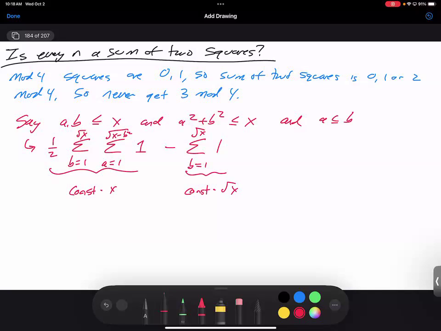What if I just chose a, b less than or equal to the square root of x? How many ways can we do that? I want to choose two numbers at most square root of x, and let's say I want them distinct. How many ways can I do that?